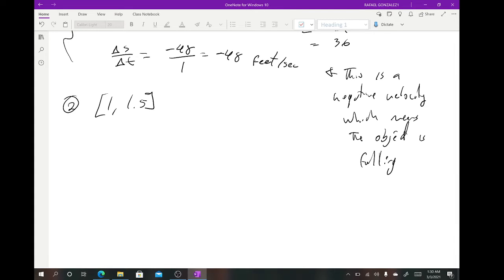Now, what we could actually find is the so-called instantaneous velocity. And this is what the derivative helps us locate. Okay. Now, for the instantaneous velocity of a particular object, you can approximate the slope of the tangent line by simply approximating the slope of the secant lines.